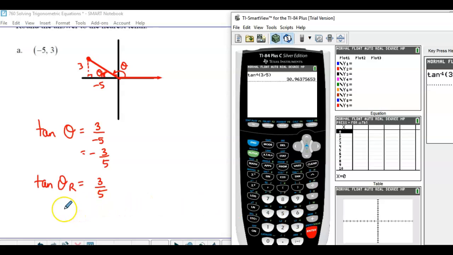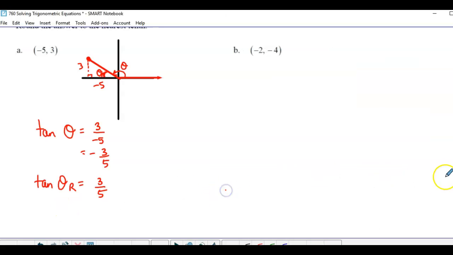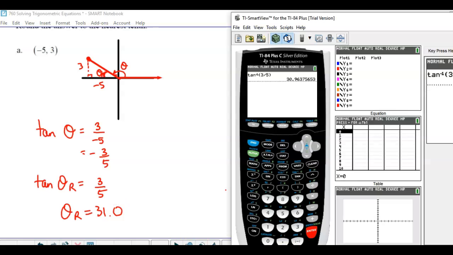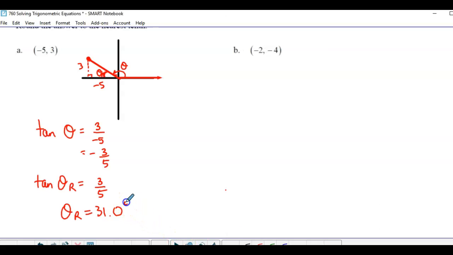Okay, and that is 30.96. I think it said round to the nearest tenth. Let me just, yeah. So that's going to be 31.0. Let me just check that. Yeah. Okay, degrees. So that's your reference.